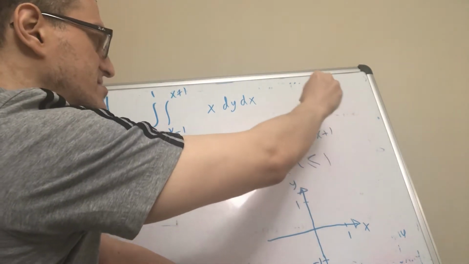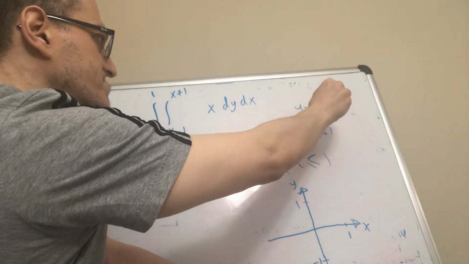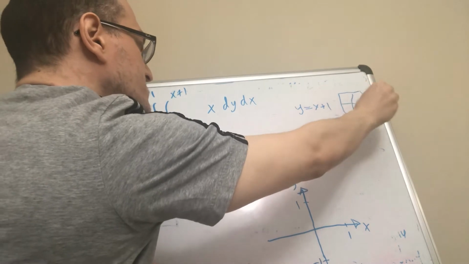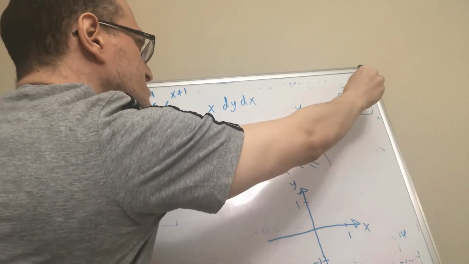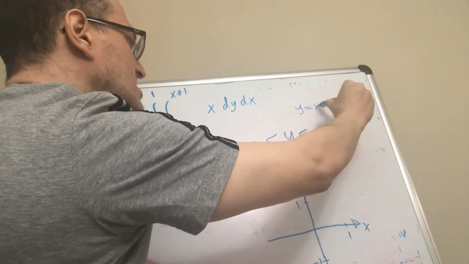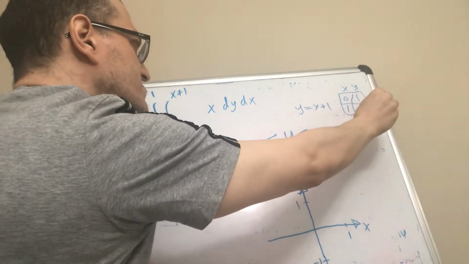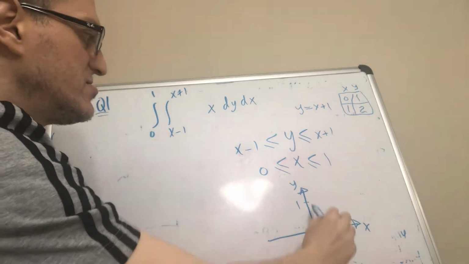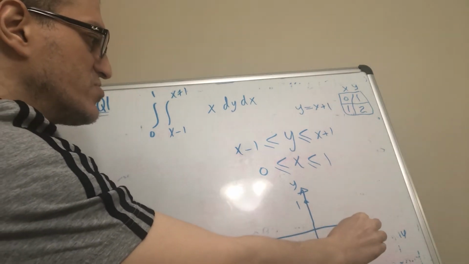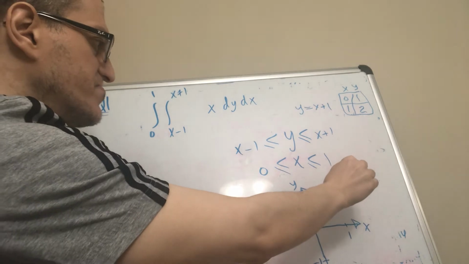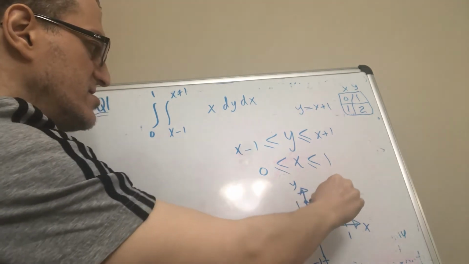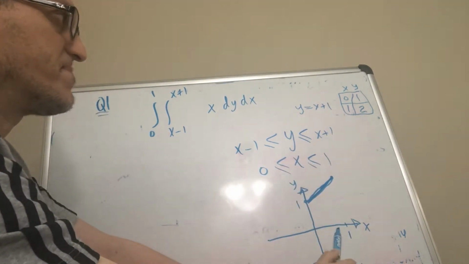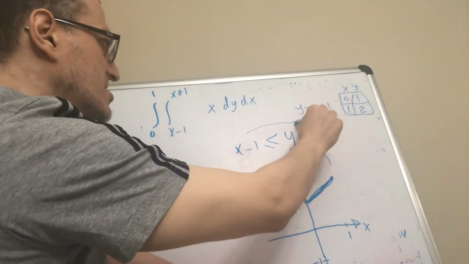If I take this straight line, where x is between 0 and 1, at 0 it's 1, at 1 it's 2. So this is the upper region, which is this straight line.